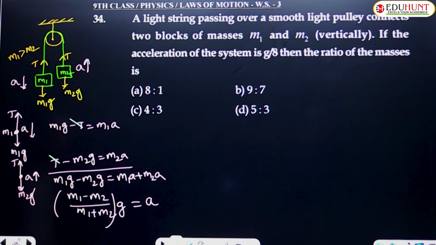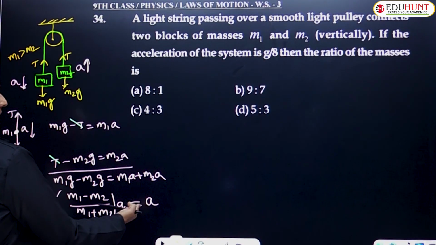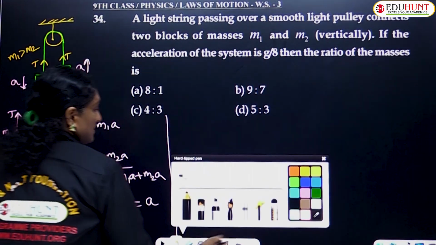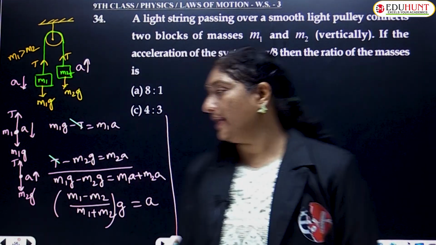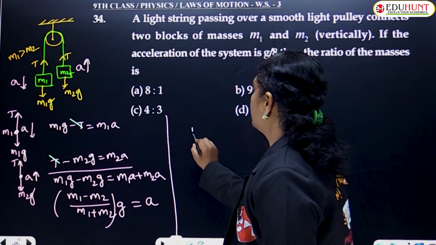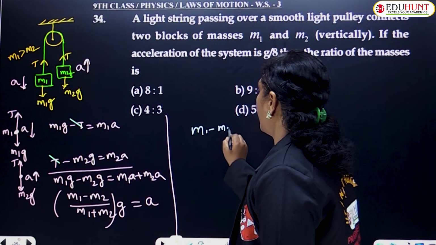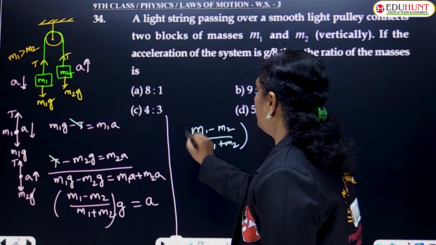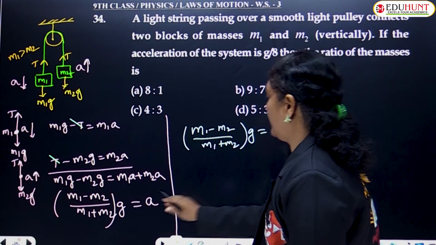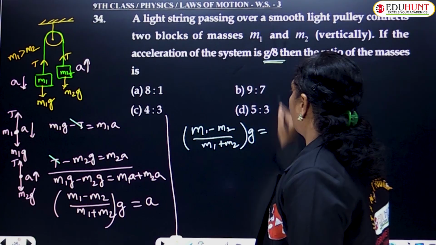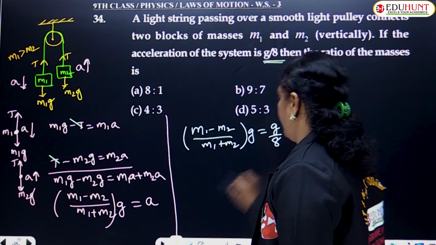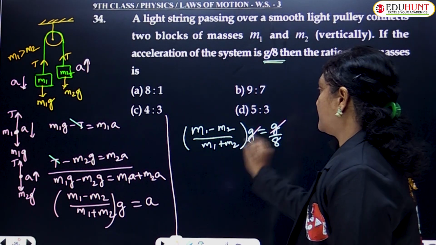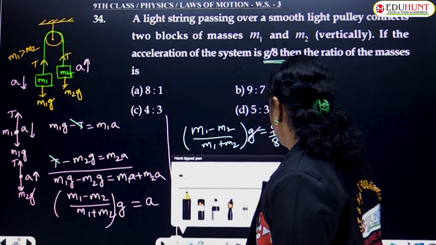Given that the acceleration of the system a is g by 8, let us substitute the value of a as g by 8 and see what happens. So m1 minus m2 by m1 plus m2 into g equals g by 8. Solving, g and g get cancelled.